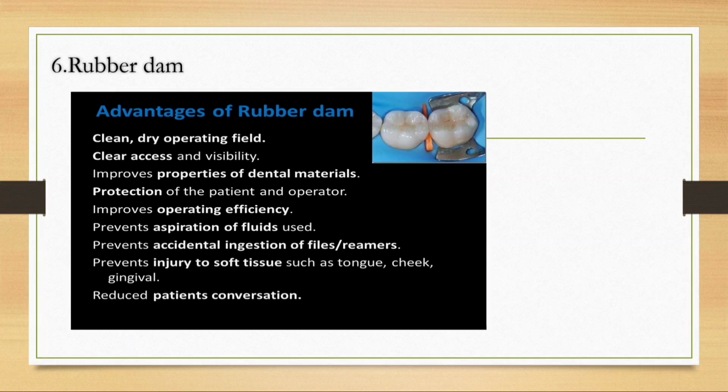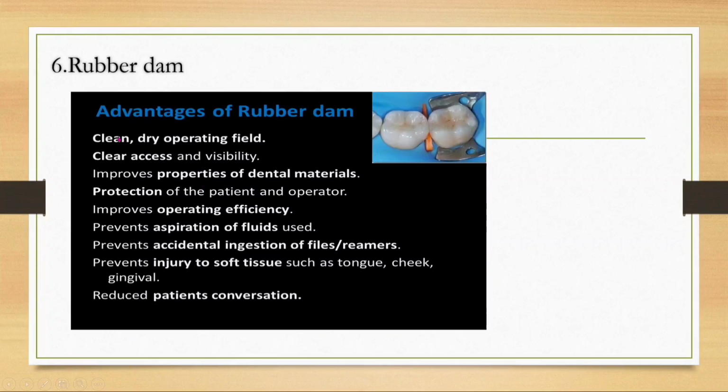Rubber dam, we have seen it in our endodontics. That is the most ideal method of isolation technique, where we have a good condition where we can do the restoration without any water contamination.